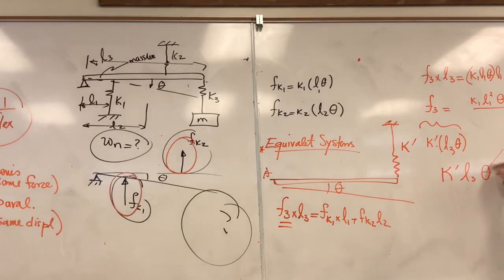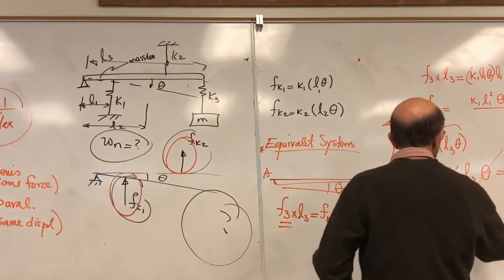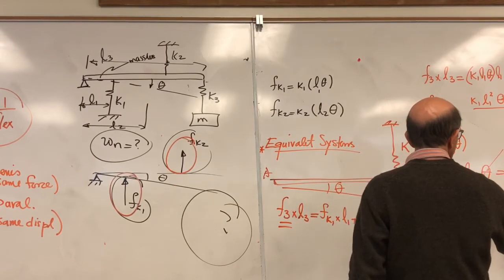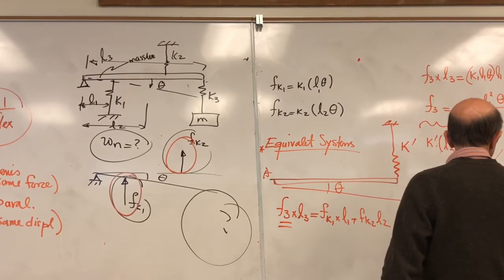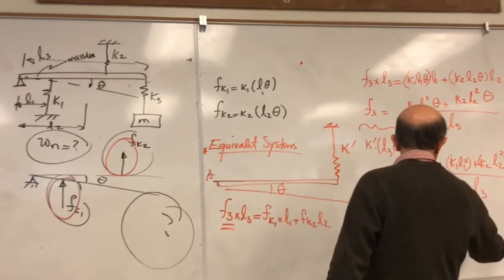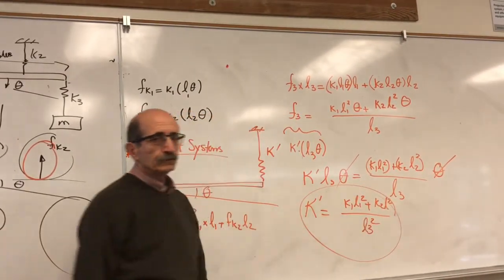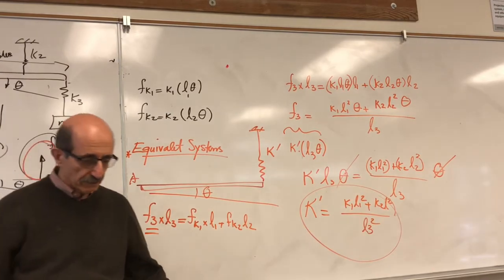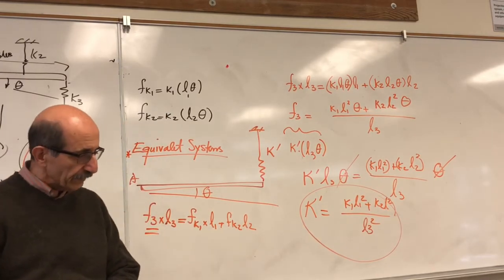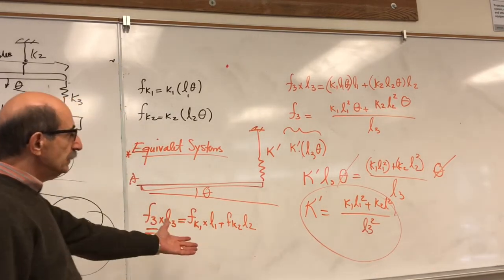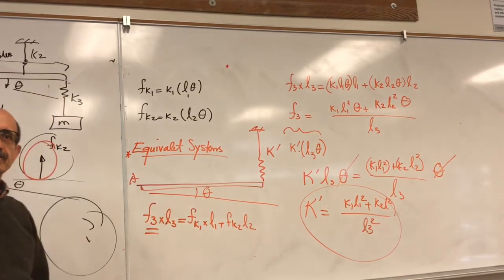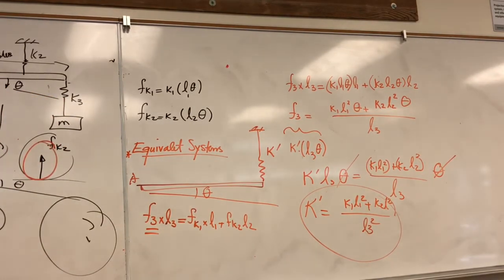Thetas cancel out, so we found K prime would be K1 L1 squared plus K2 L2 squared divided by L3 squared. So I found the spring that I put there, and that spring acts as a replacement for these two springs. That's what I reduced the problem to.